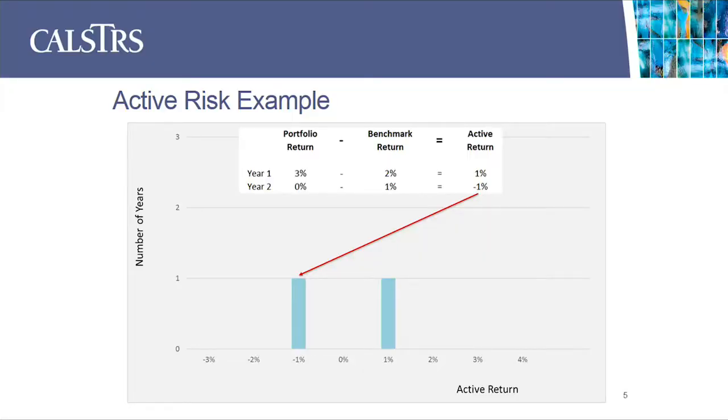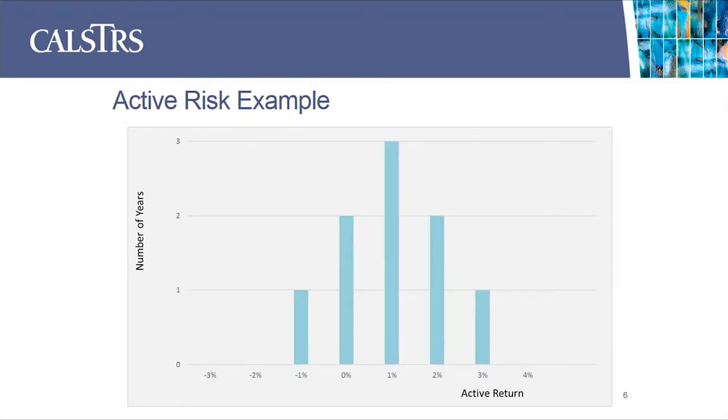Suppose in year two, the active return is minus 1%. Imagine that we continue to update this chart year after year with the active return each year represented by a bar 1 unit high. We'd find that over time, active returns would take on a bell-shaped curve.